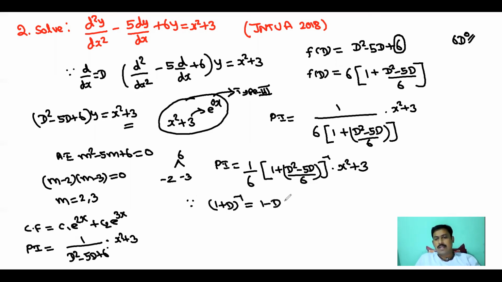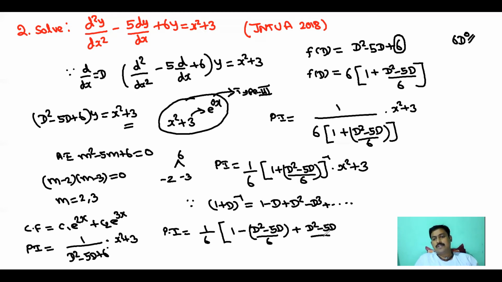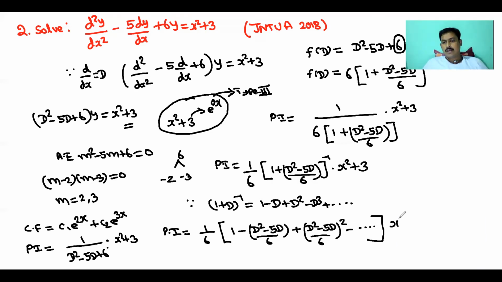We can write 1 minus D plus D square minus D cube plus etc. PI equals 1 by 6 into, I can extend the term as 1 minus, instead of D we will have (D square minus 5D) by 6 plus ((D square minus 5D) by 6) whole square minus etc., into x square plus 3. Maximum power is 2, so we can extend constant, D power 1, D square. Other than these terms are negligible.